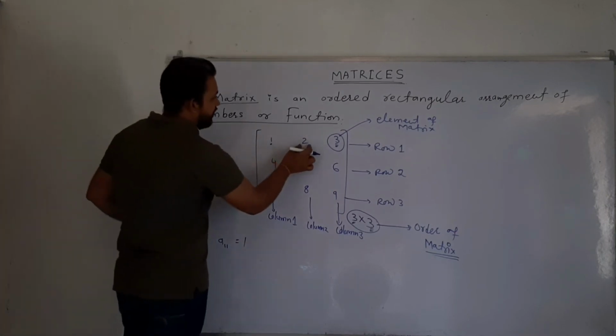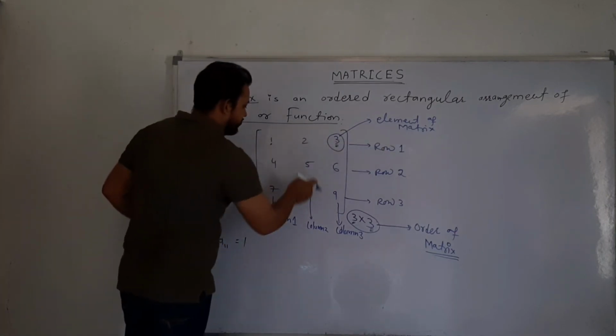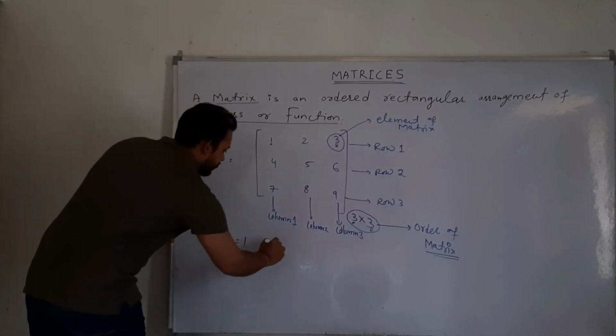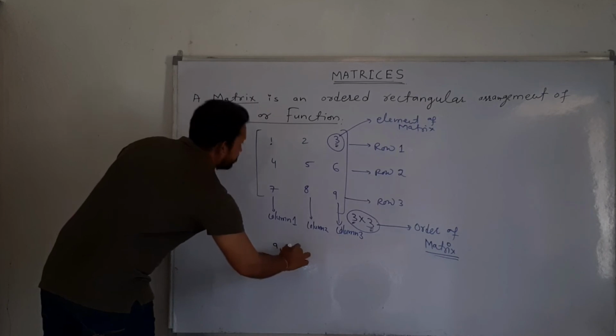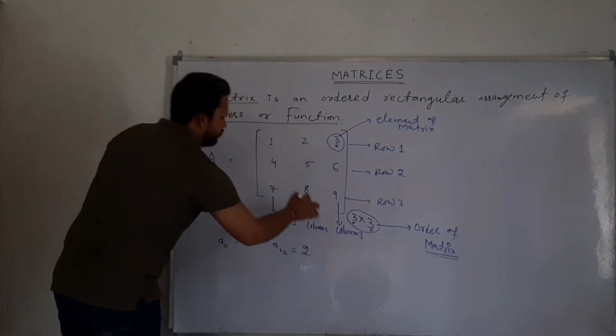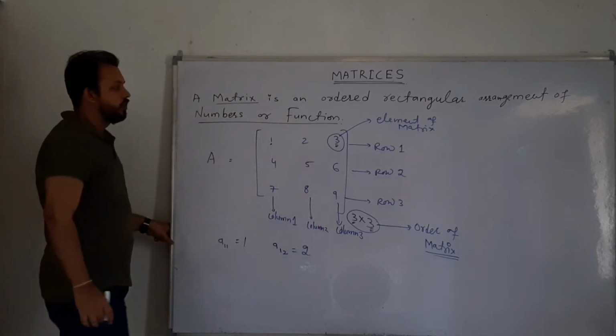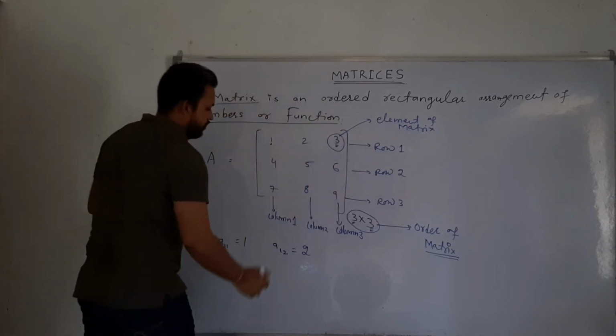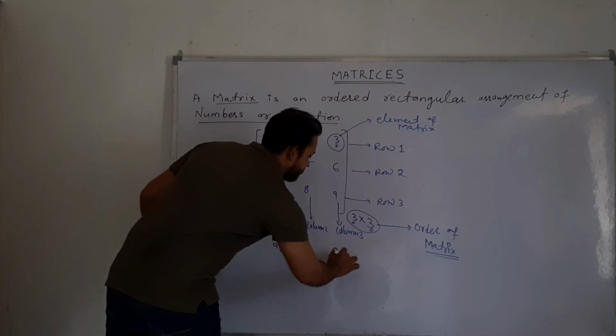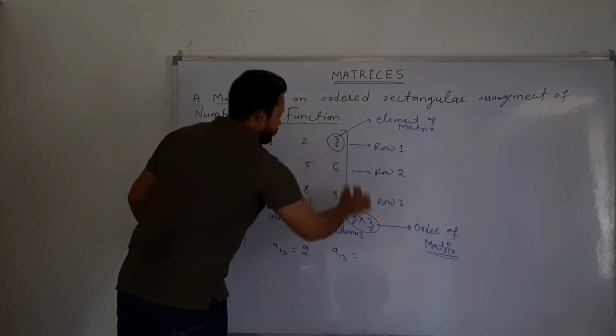The position of this element is first row, second column, so we denote a12 is equal to 2. The position of this element is first row, third column, so we write a13 is equal to 3.